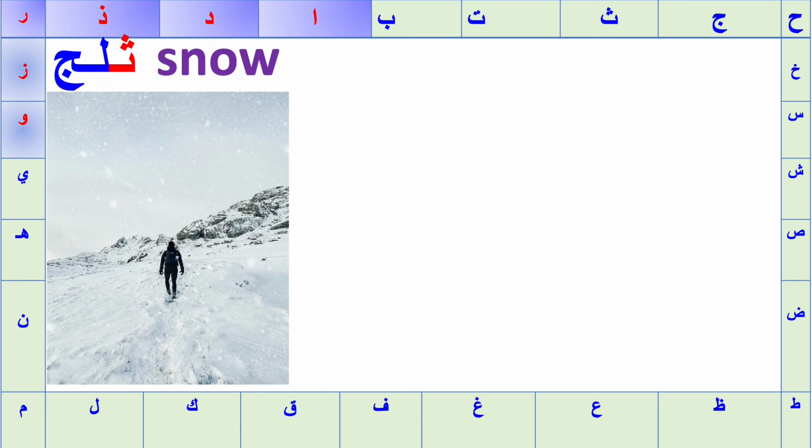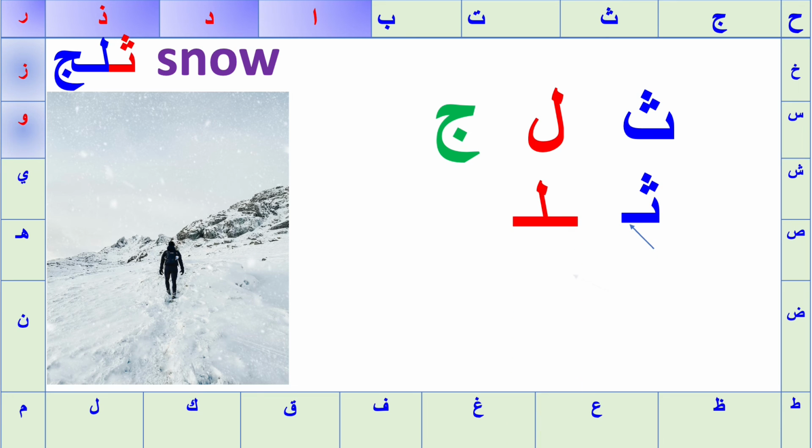The component letters of this word are tha, th, lam, l, jeem, j. Thalj. Then they connect with one another. The th will extend a little bit so that it can join the l, as you can see here.